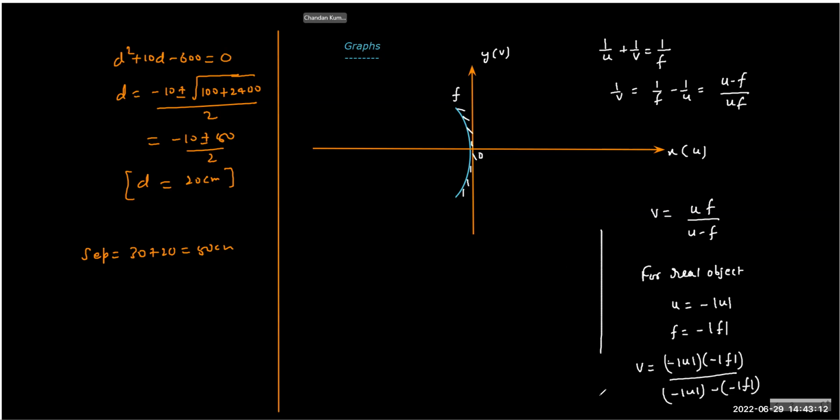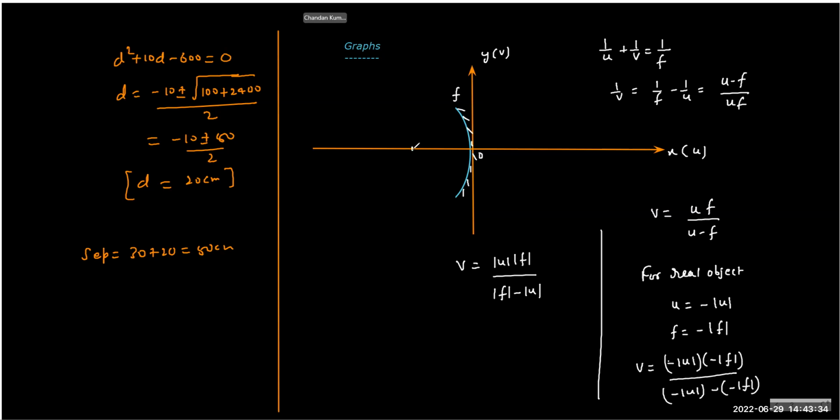This will give you what? v equals mod of u mod of f upon mod of f minus mod of u. Now if mod of u and mod of f are equal in value, it means the object is at focus, and we know the answer will be infinity.